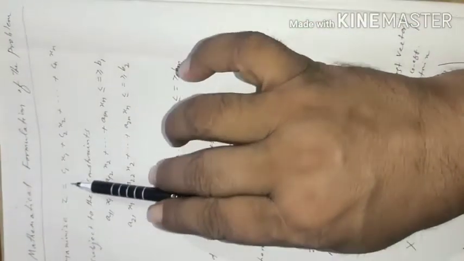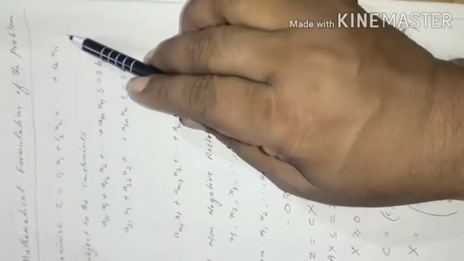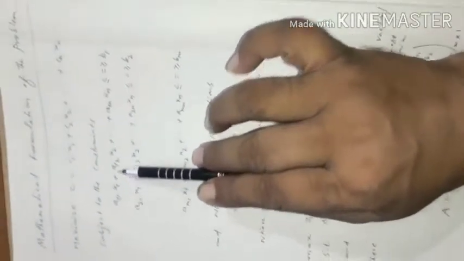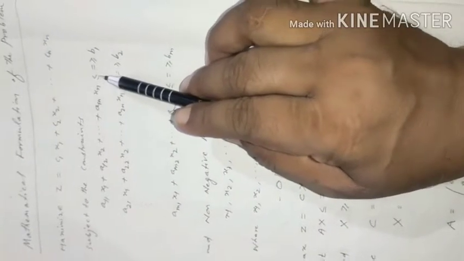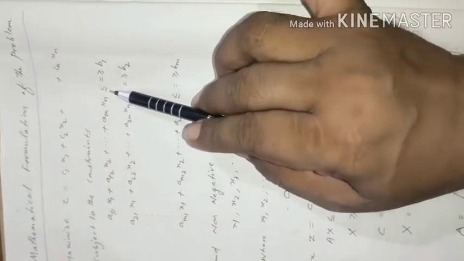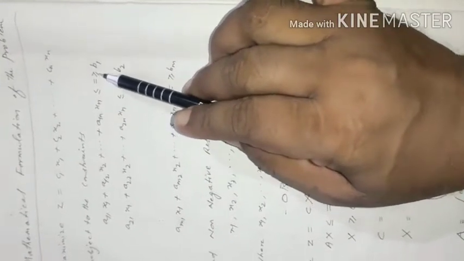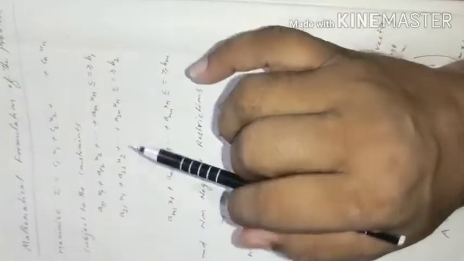Maximize z equals c1x1 plus c2x2 plus dot dot plus cnxn, and subject to the constraints a11x1 plus a12x2 plus a1nxn less than or equal to, equal to, or greater than or equal to b1. It may be less than or equal, equal, or greater than or equal, as the question is given. a11, a12, a1n are constants.